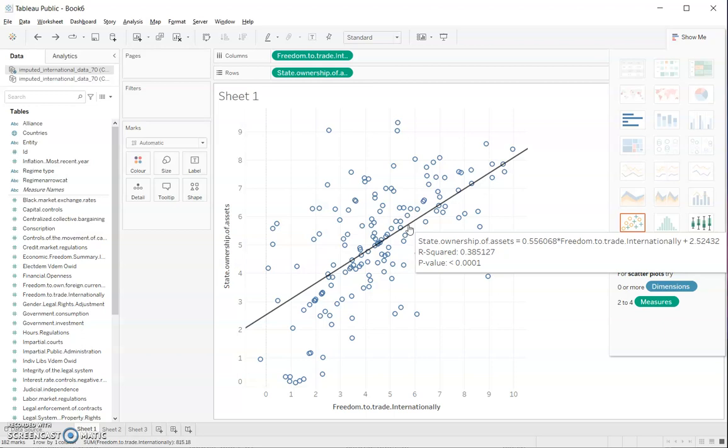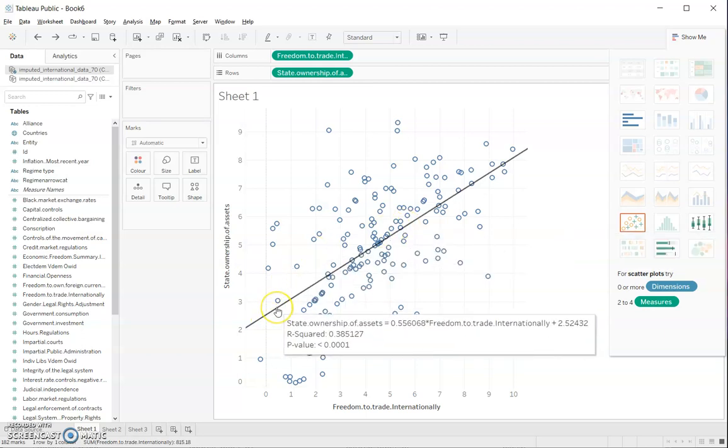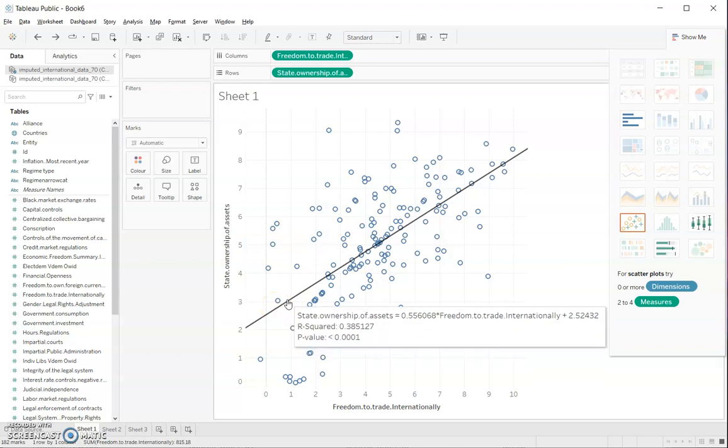And you see the p-value is well below 0.0001, so it means that this is not by chance, it's not pure coincidence. There's some correlation here. In statistics, we say that the freedom to trade internationally and the state ownership of bank assets have a positive correlation.